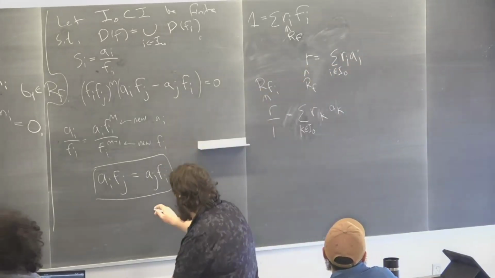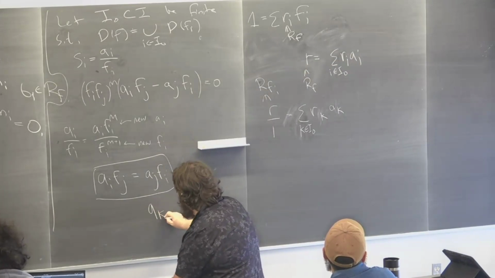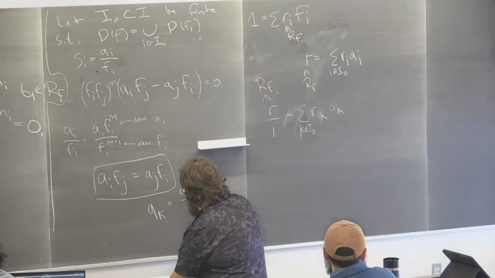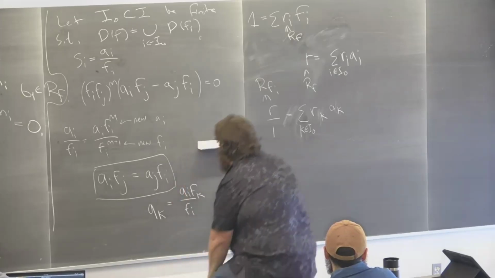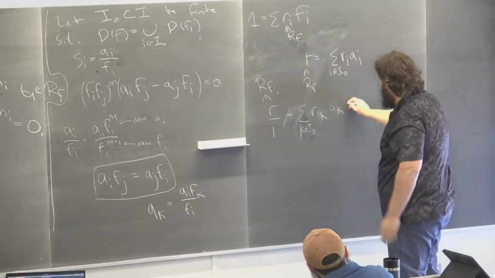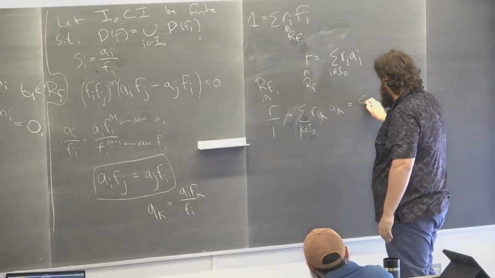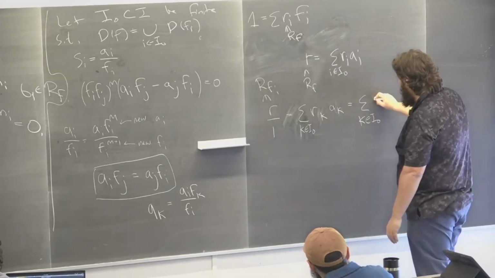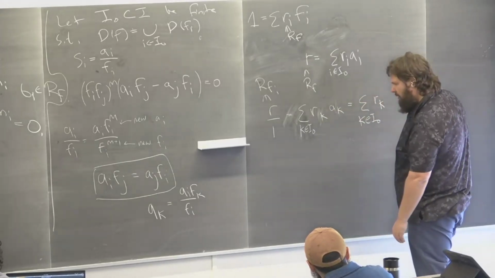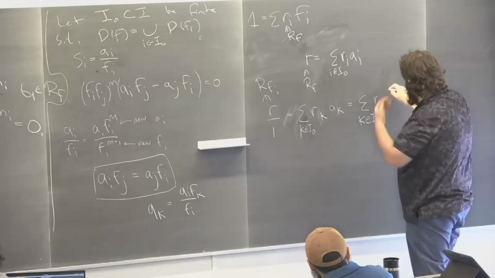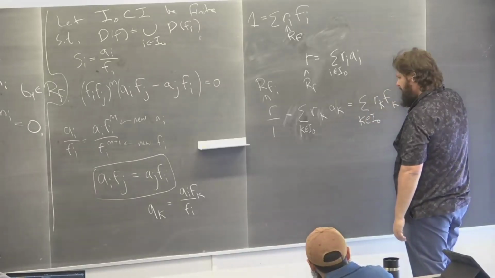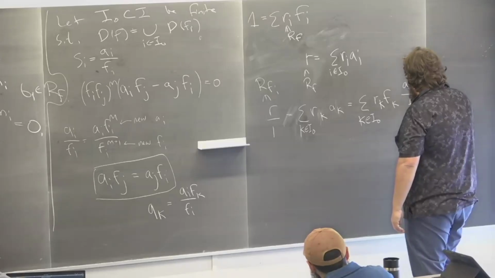If I rewrite this equation, this tells me Ak is equal to Ai divided by Fi times Fk. And this is equal to the sum over these k of Rk times Fk times Ai over Fi.